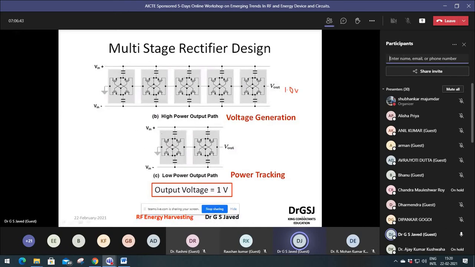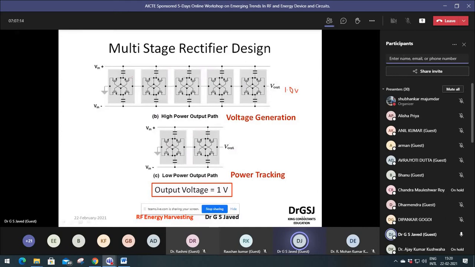Whereas when you're operating in a low power path, you're only doing low power tracking, where you need enough information on whether you would like to switch to power generation or stay in power tracking. So this allows us to keep track of the high power and low power tracks in multi-stage designs and in multi-band designs. Suppose you're just working in one of the bands, you could use one power path, but the number of generations per unit cell would be much smaller.